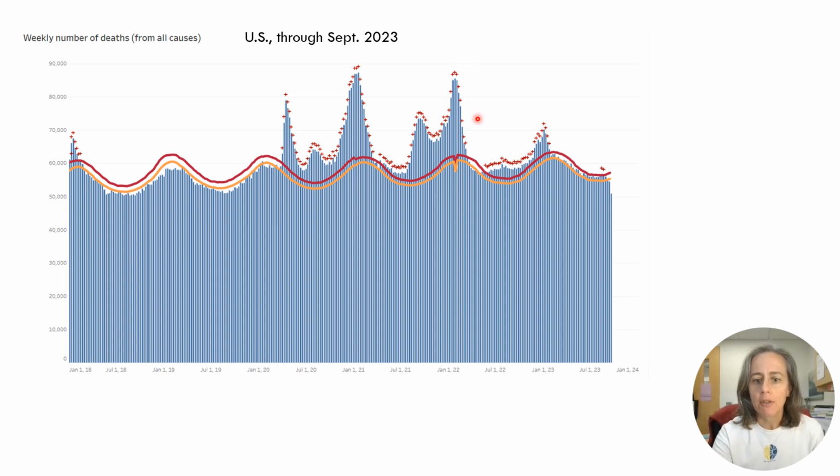If you look, you can see, so here was the winter of 22-23. We had a smaller spike in excess mortality than what we'd seen in the previous two COVID winters. And then you can see moving into the fall, we didn't have a lot of excess deaths, so this is good, right? Some of it is bad because the people who were going to die from COVID have now already died.